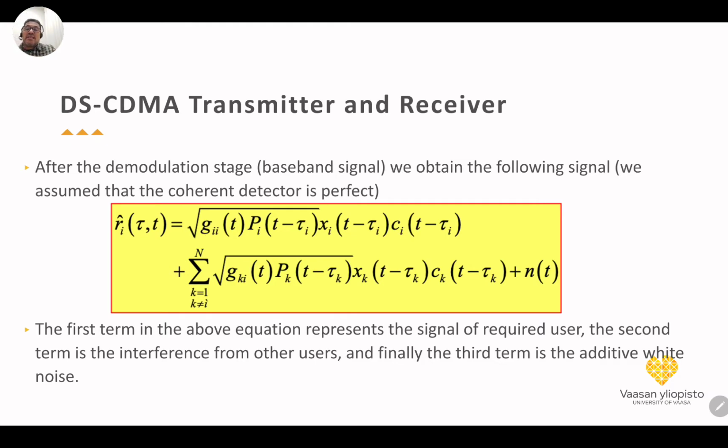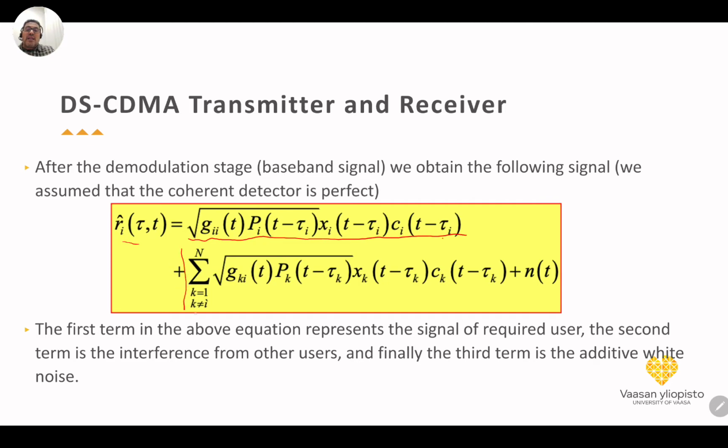Now this is the received signal, and you can see that I just separated it after the demodulation. You can see that the cosine now disappeared. Assume that we know exactly the frequency in the receiver, and we can also track the changes in the frequency due to the Doppler effect of the channel. So now I can detect the original signal. This is my signal here, but the others are here.